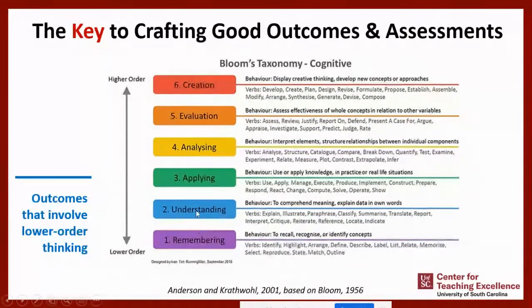And you can do any of these levels at any time. Some people feel like you have to start with remembering and go up step by step. Not necessarily. It depends on how the question or the assignment is crafted, where you can get students to understand and apply, which then leads them to creating or evaluating something.